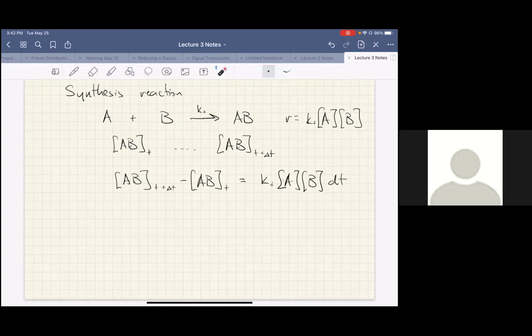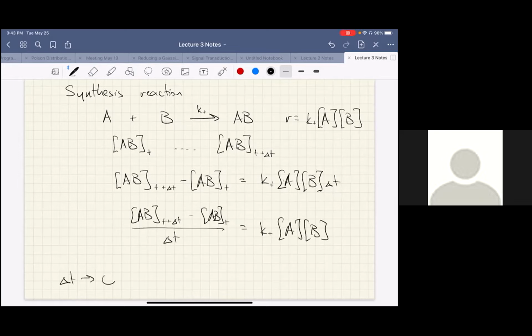In fact, what we can do now is take the dt over here and say AB at t plus delta t minus AB at t, divided by delta t, is equal to K plus A B. And then as delta t becomes very, very small, we generally call that dt.